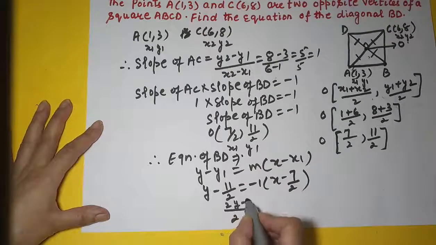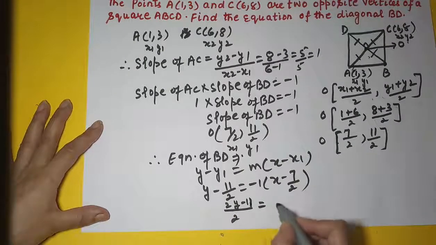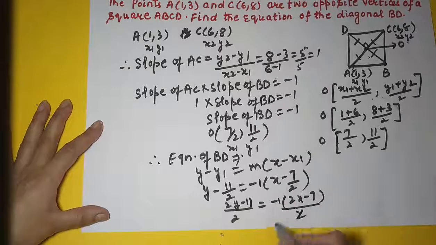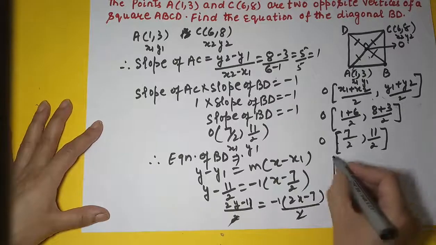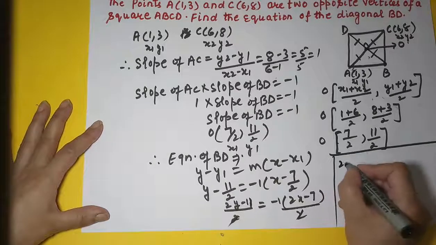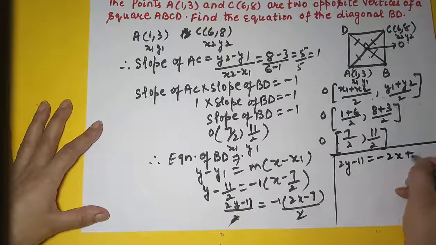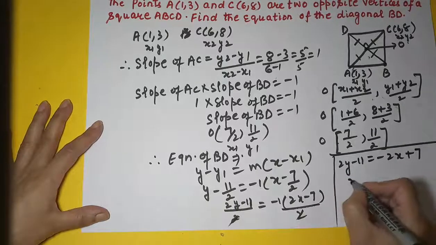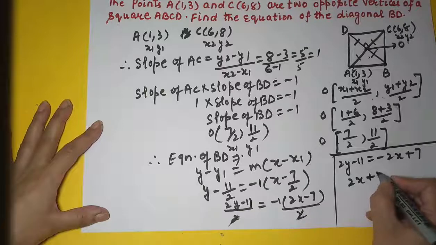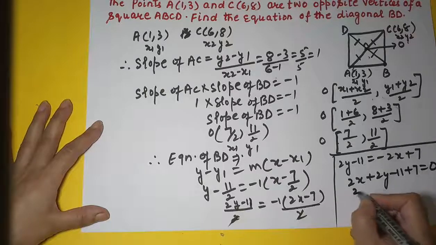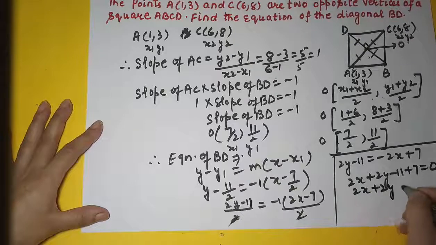So 2y minus 11 is equal to minus 1 into 2x minus 7 upon 2. 2 and 2 will go. So finally you have 2y minus 11 equal to minus 2x plus 7. Shift all of these to this side. So you get 2x plus 2y minus 11 plus 7 equal to 0. So 2x plus 2y minus 4 equal to 0.